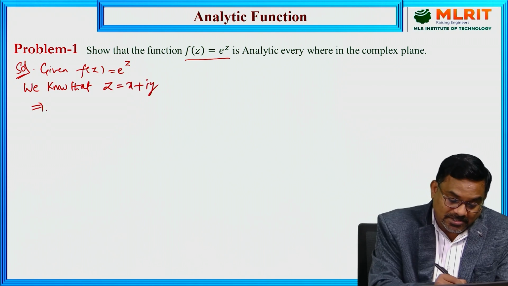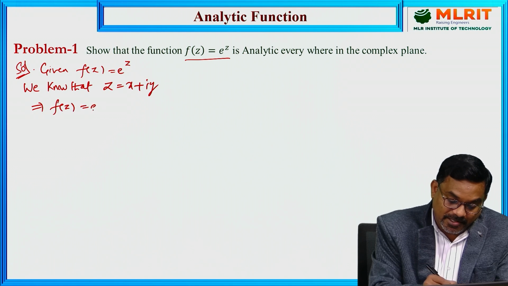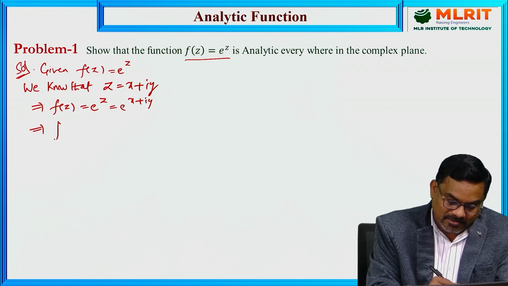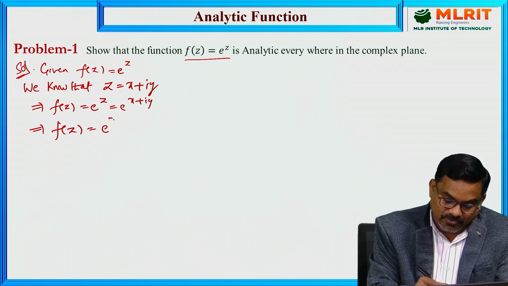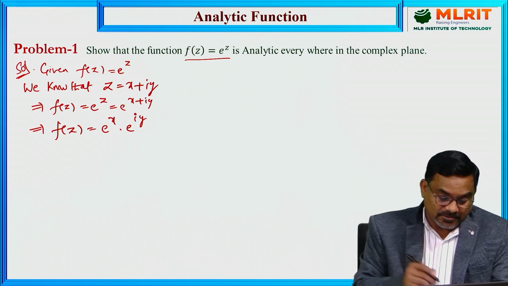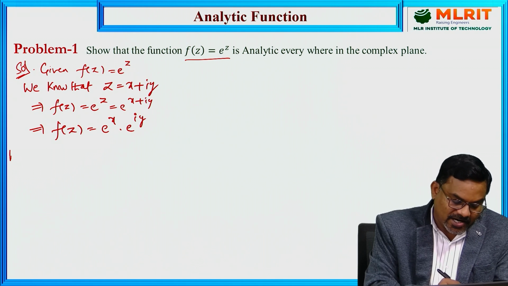So that implies f of z will be e power z, e power x plus iy, and by simplifying this we get e power x into e power iy. Now there is a standard notation.